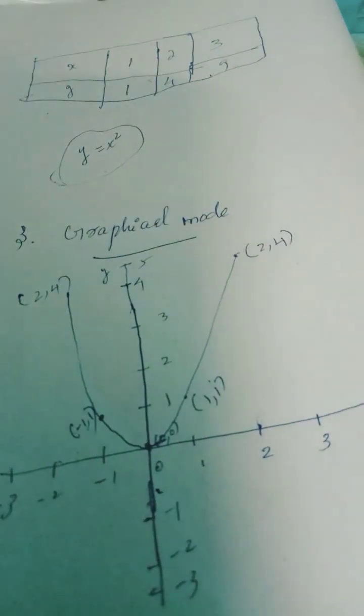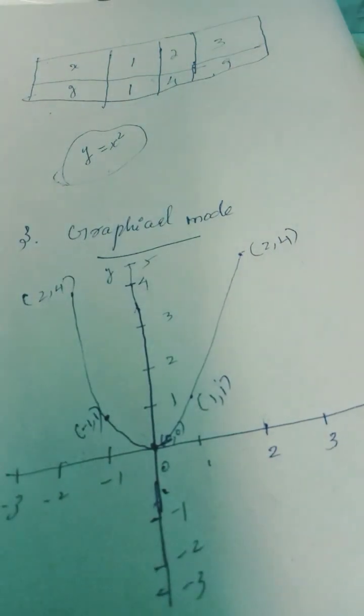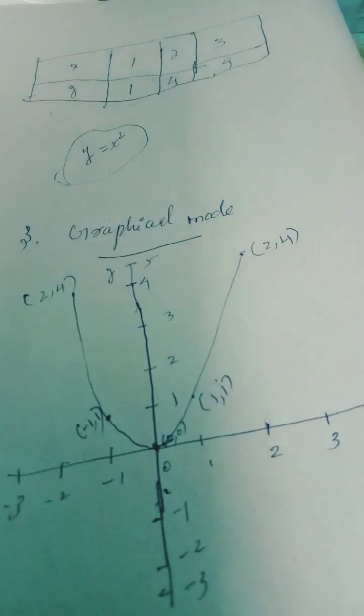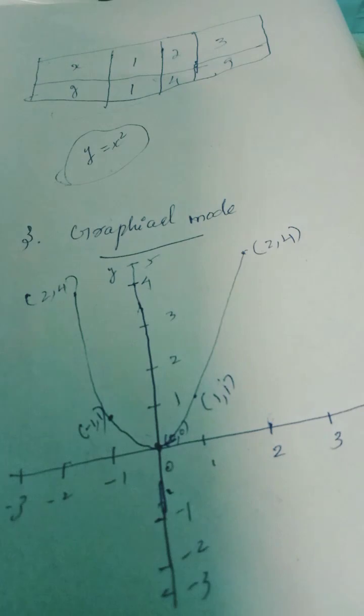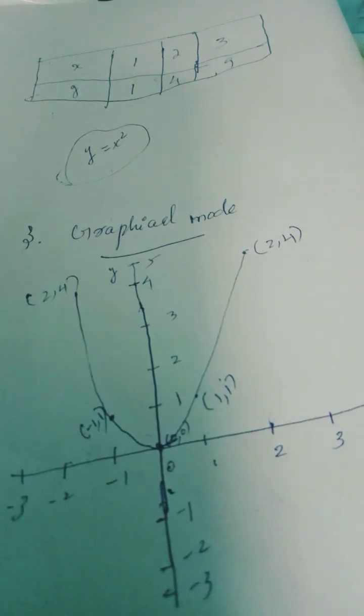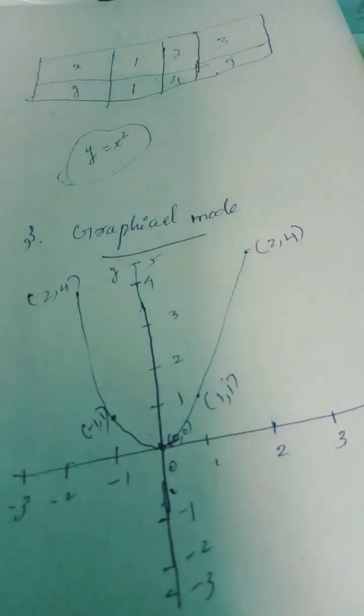From this graph it is understood that the function is y is equal to x square. So from this graph we can determine the function. So that is the graphical mode of representation. These three modes of representation you have to keep in mind because they are very useful for our coming problems.